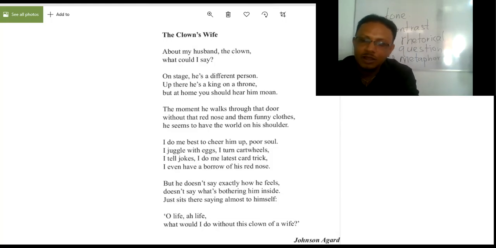So that also is highlighted here. It's very important to share your views. Now here the clown is an introvert. He doesn't reveal himself. So therefore, this poem shows that sharing our views with another person also is very important. We can enjoy this poem because it gives a new aspect of life.